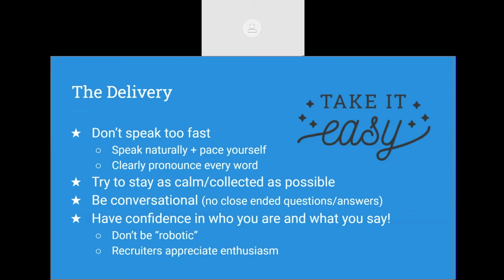The interview and the delivery is probably the most important part of any job seeking process. And just being able to talk about yourself in a non-monotone way, and being able to provide enthusiasm, sometimes just makes recruiters think of you that much better.